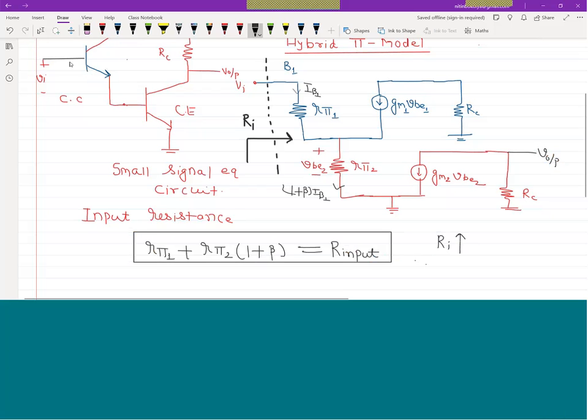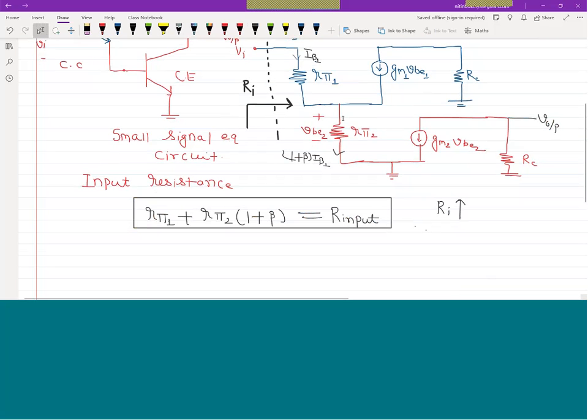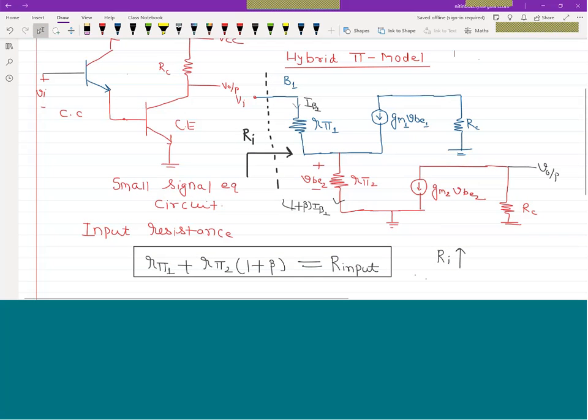If the input current is IB, then this is 1 plus beta times IB. So the current in this circuit can be written as beta 1 times IB1. Here the current is IB plus this current is IB, this current is 1 plus beta 1 times IB, then this current is 1 plus beta 2 times IB.